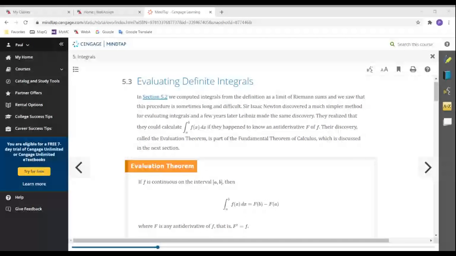Okay, this is called the evaluation theorem, Section 5.3.